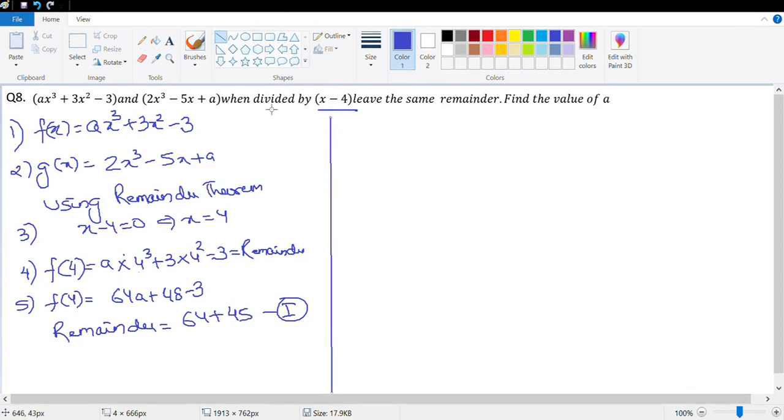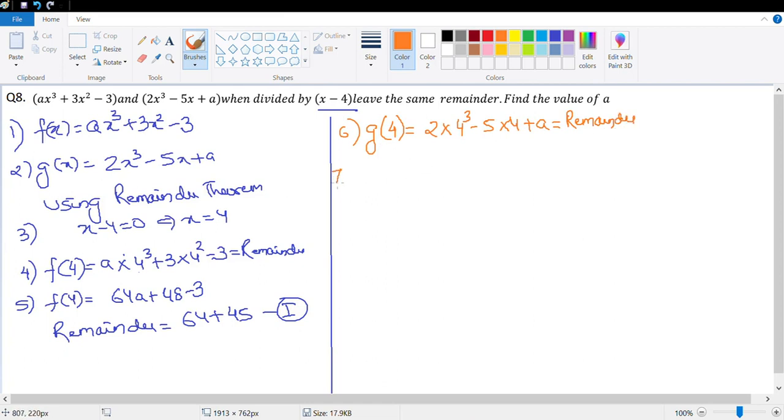Right. Next, let's look at the value of the polynomial, which is g(x), when the value of x is equal to 4. That will be 2 multiplied with 4 cubed minus 5 multiplied with 4 plus a, and this will be equal to the remainder when the given polynomial is divided by x minus 4.